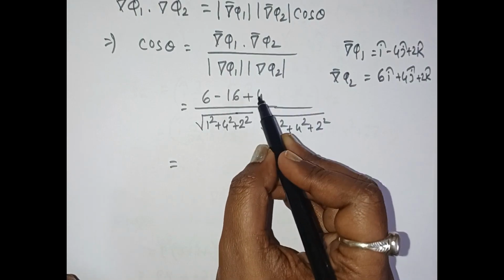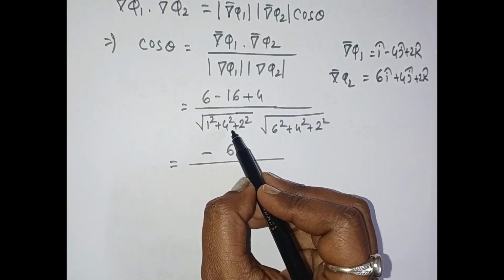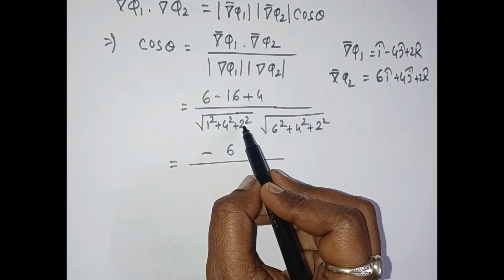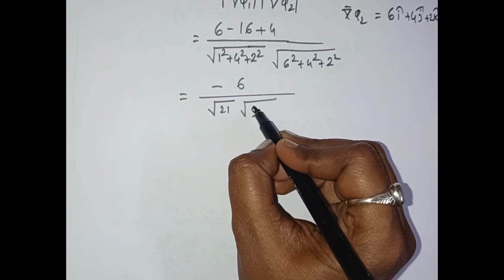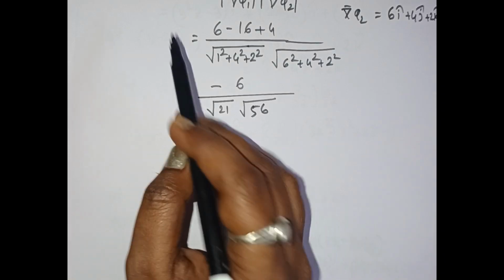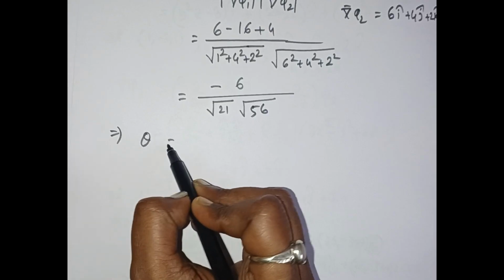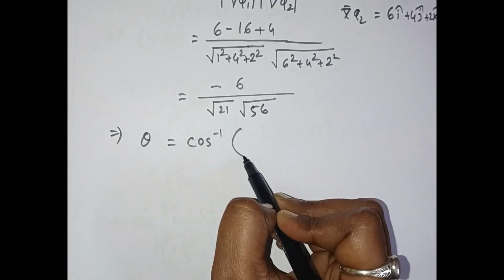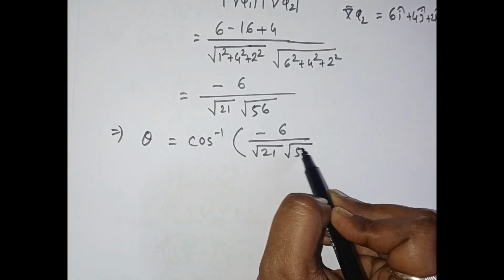So that is minus 6 divided by root of 21 times 56. But we have to find the angle. So cos theta equals this, that is theta equals cos inverse of minus 6 by square root of 21 times 56.